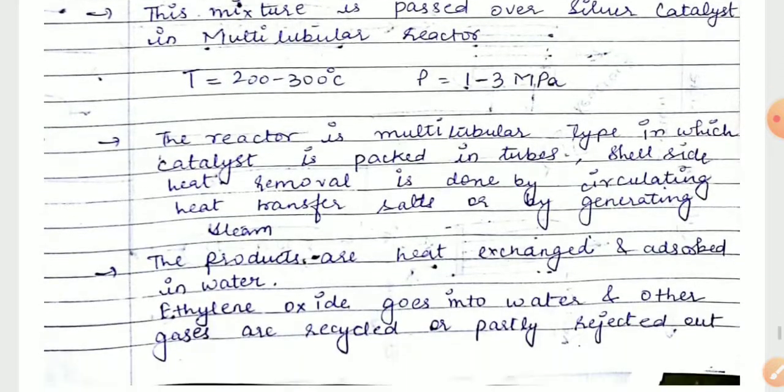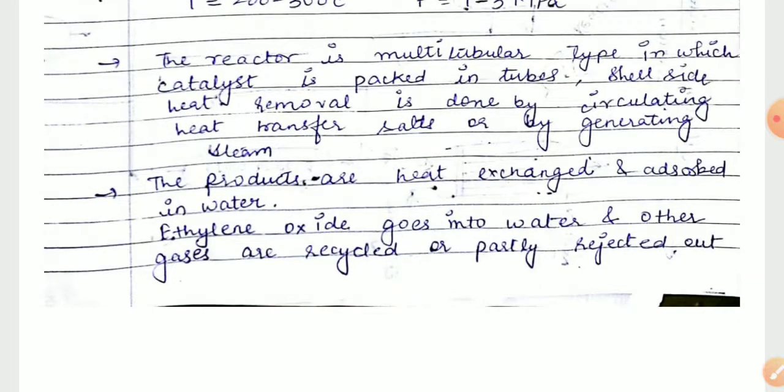The reactor is multi-tubular type in which the catalyst is packed in the tubes. On the shell side, heat removal is done by circulating heat transfer fluid and generating steam. The products go through the heat exchanger and are absorbed in water.